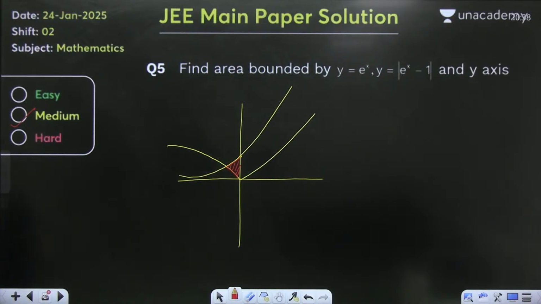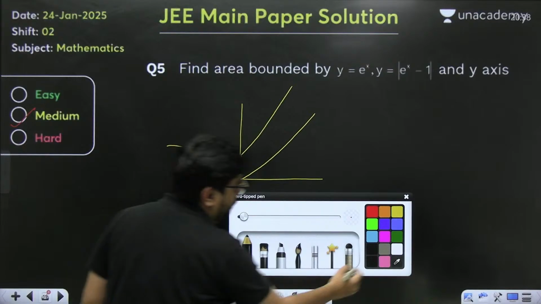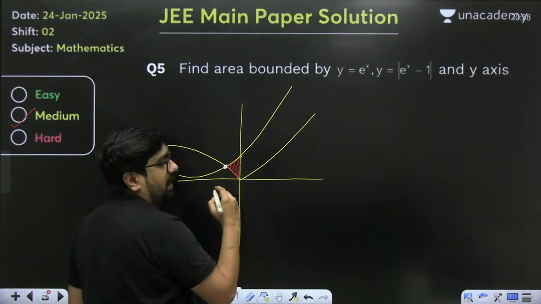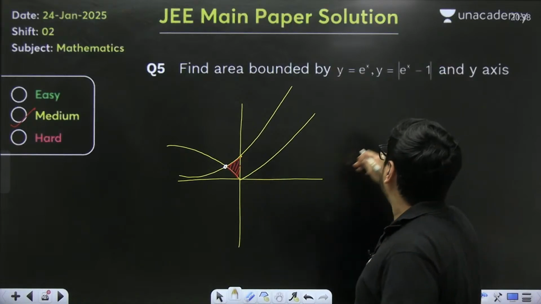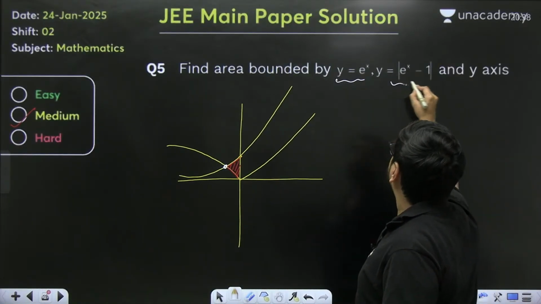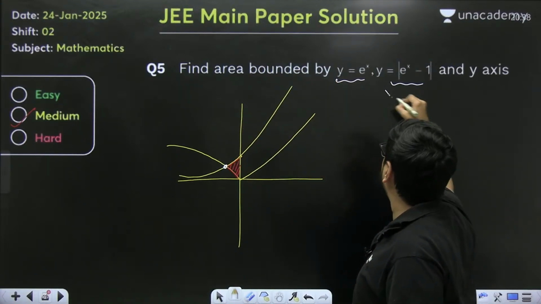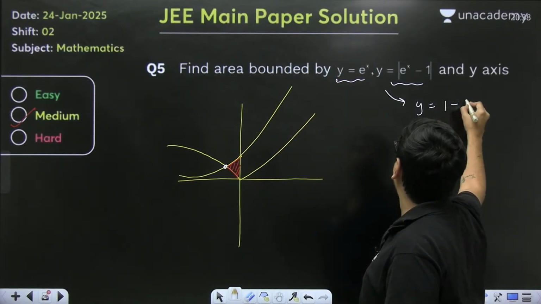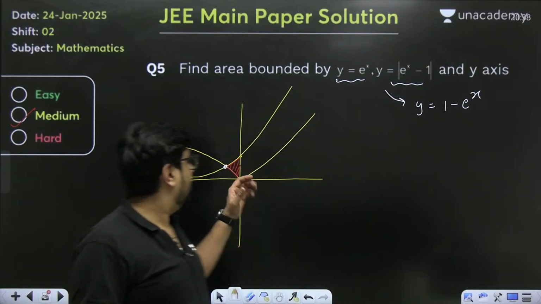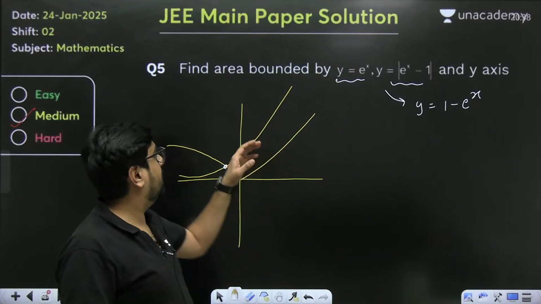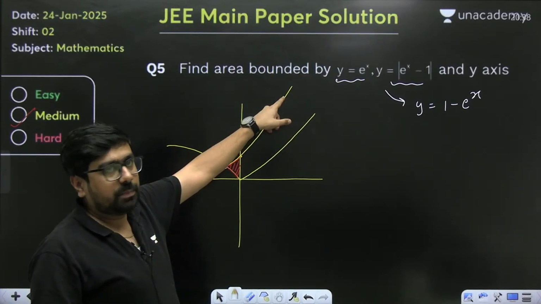Now, we'll have to find this point and talk about this particular point. How will we talk about this point? Solve these two. On the left side, on the negative x side, this will be y equal to 1 minus e to the power x, and this curve will remain the same, y equal to e to the power x.